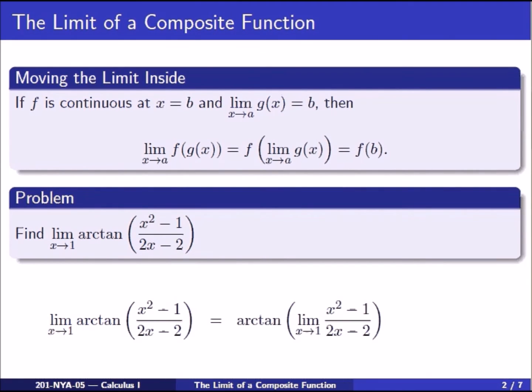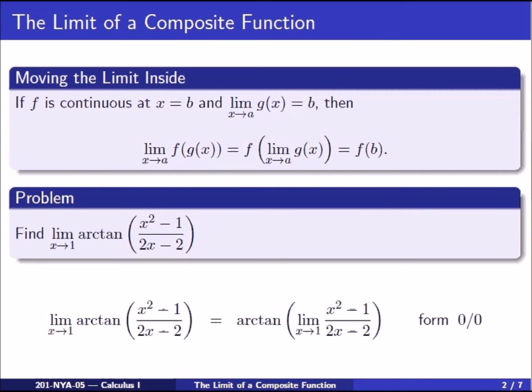And similarly in the denominator, because when I replace x by 1 I get a value of 0, the polynomial 2x minus 2 will also have a factor of x minus 1. So these two factors should cancel out.